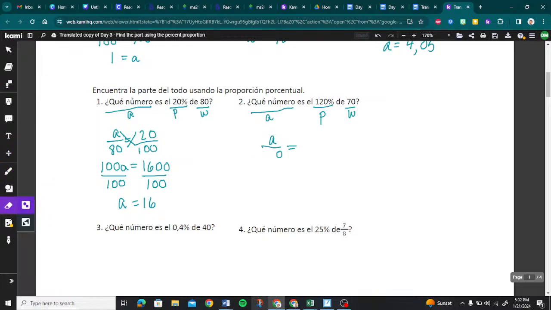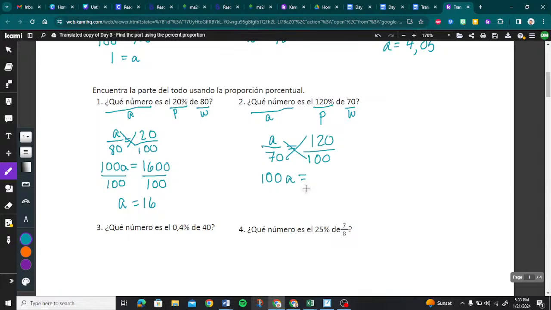A over 70 is 120 over 100. So we have 100A equals 8,400. Divide both sides by 100. And A is 84.